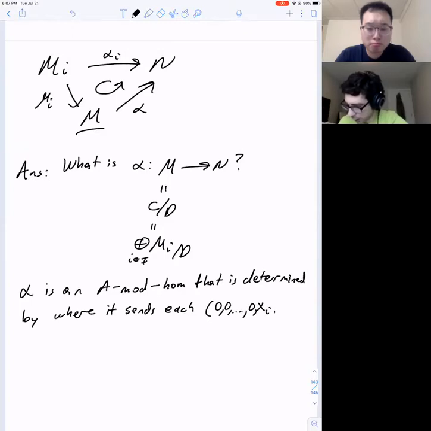Let's say something like x_i at position i, plus d. If you tell me where alpha sends each of these elements, then you tell me what the map alpha is.